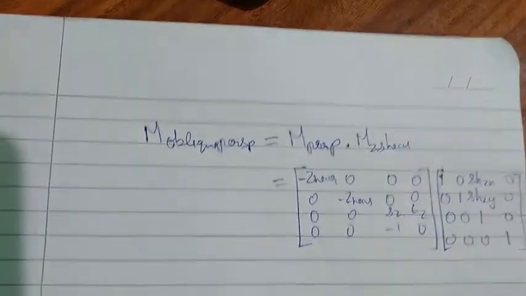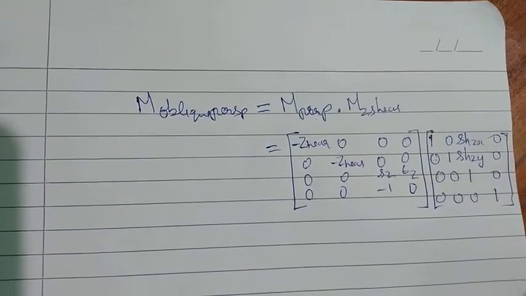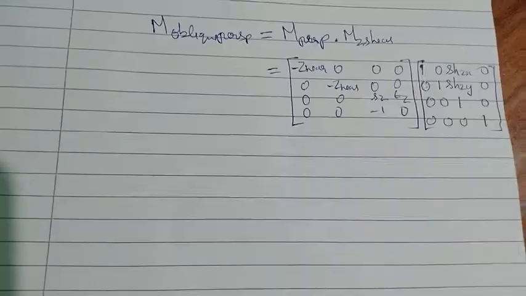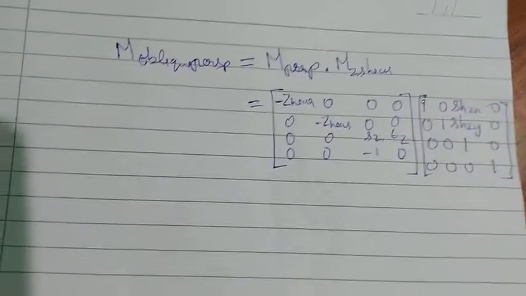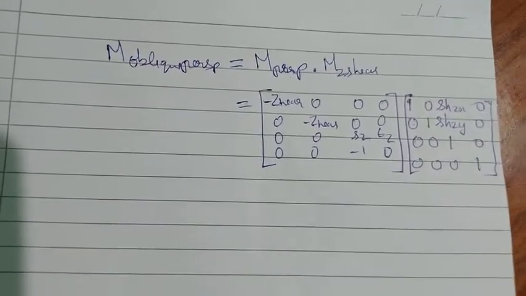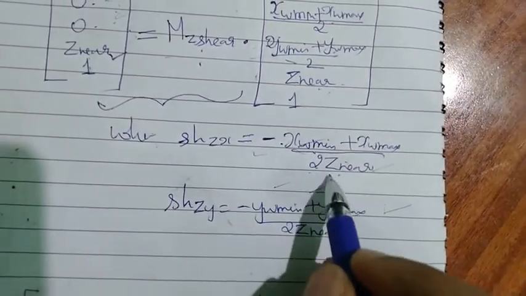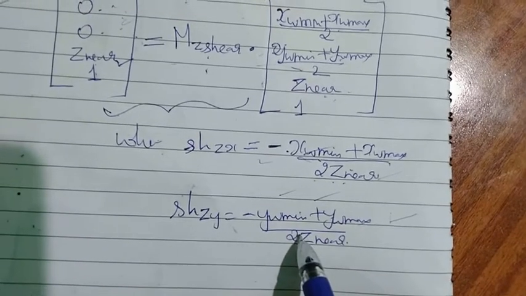And we also have the values for the shear values. The shear values are minus of xw min plus xw max by 2 z near, same way for y.